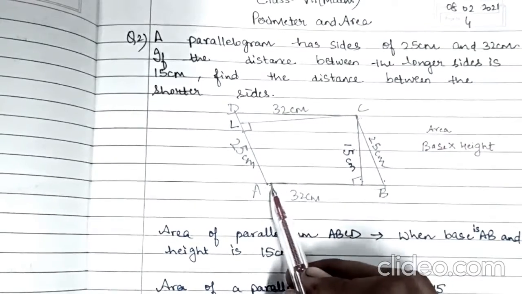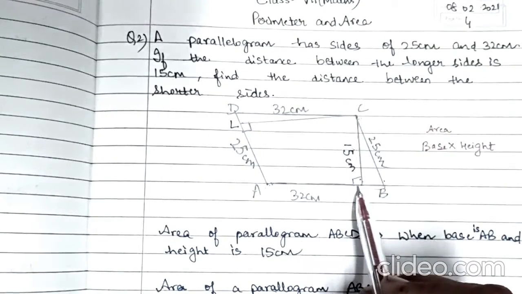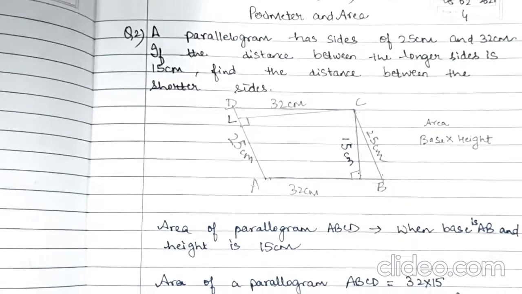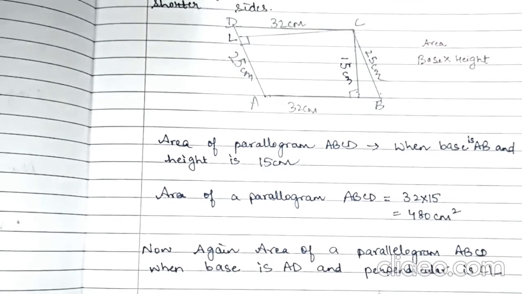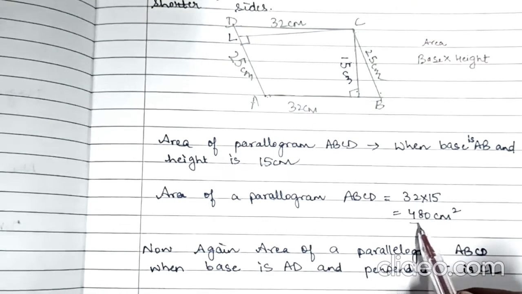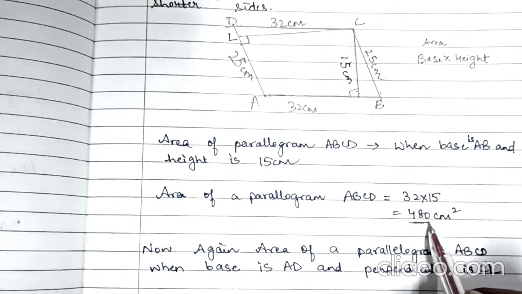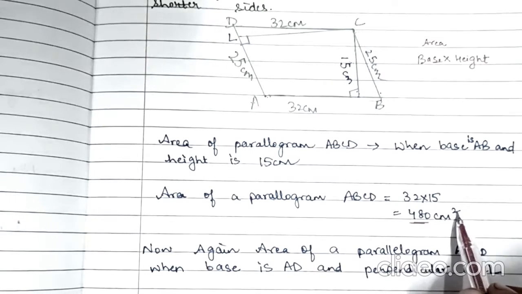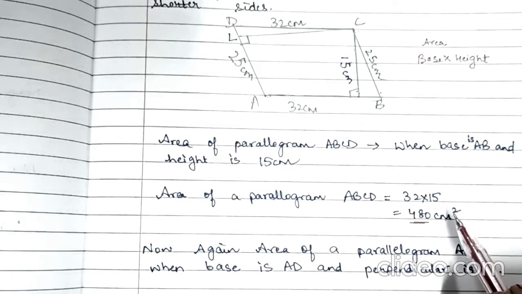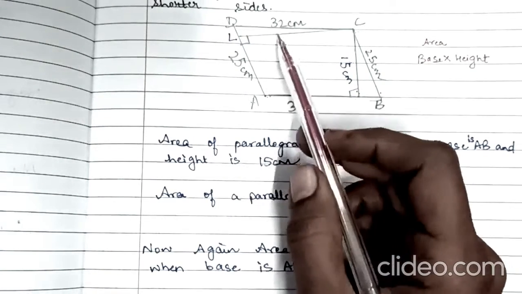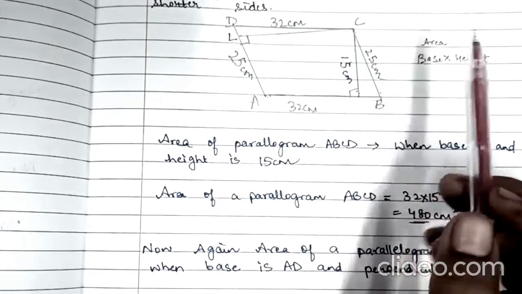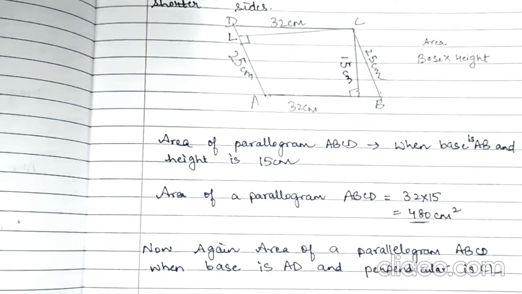Now if we take this as the height, so this will be the base. So what will be the area of a parallelogram? That is base into height gives you 480 centimeter square. Now children, whatever the height we take, the area will always remain same.